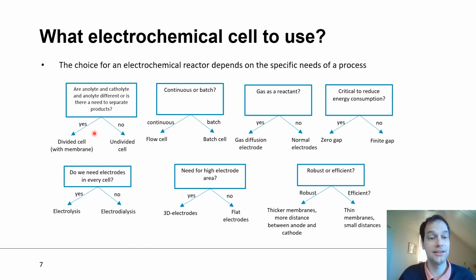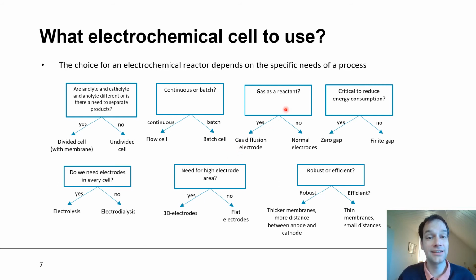If I need to do that, then I need a divided cell. If not, then I need an undivided cell. Is it a continuous or a batch process? In a continuous process, I will need a flow cell because there are streams coming in and coming out. If it's a batch process, I can use a batch cell and there's no need for in and outgoing streams.